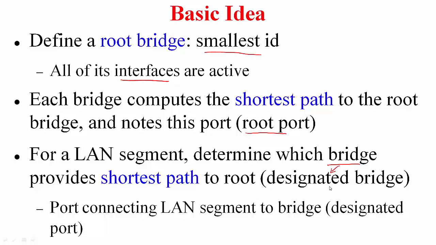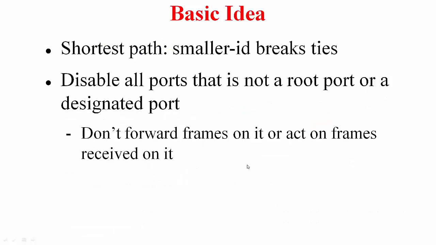And the port connecting the LAN segment to this bridge is called the designated port. It is conceivable that there are more than one path to the root bridge, all at the same distance, in which case the tie is broken with the smaller ID. Here it refers to the next hop bridge.